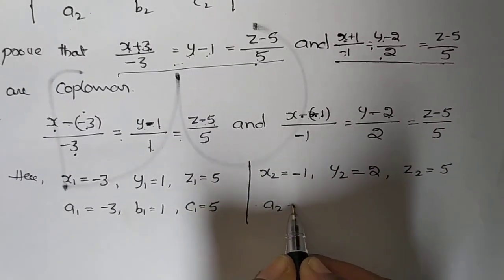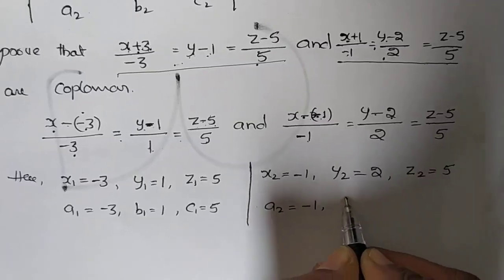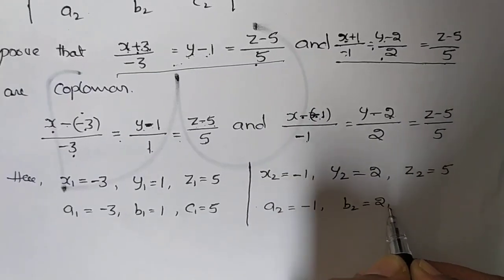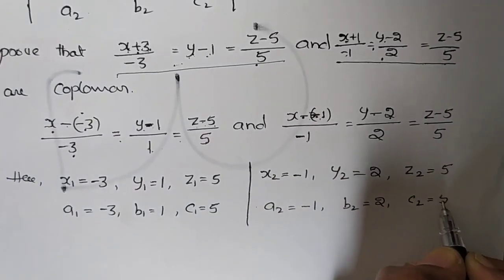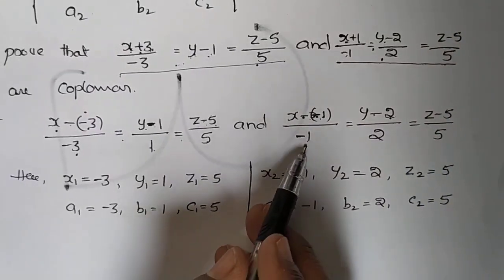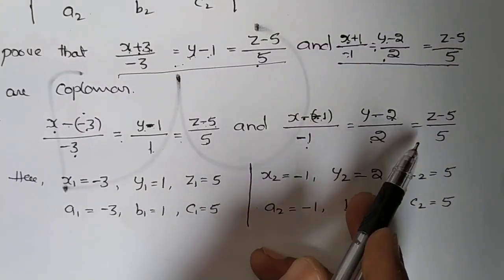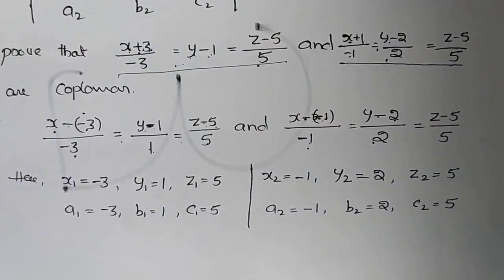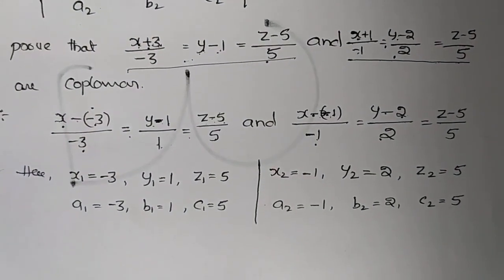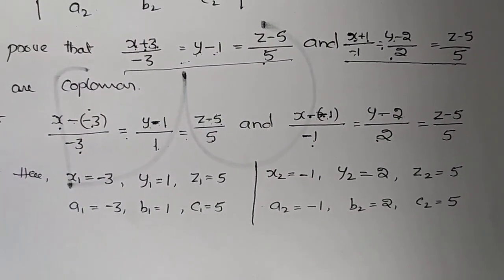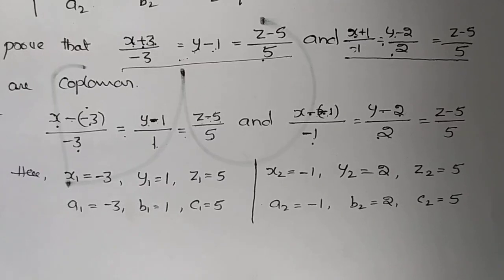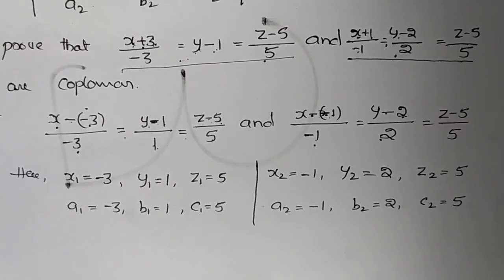Now a2 is minus 1, b2 is plus 2, c2 is plus 5. Now we found the values x1, y1, z1, x2, y2, z2, a1, b1, c1, and a2, b2, c2.